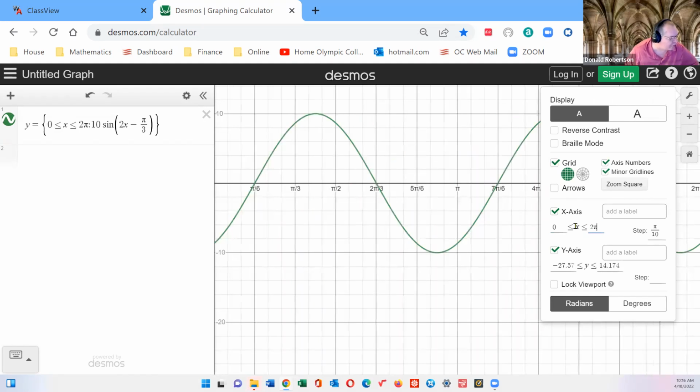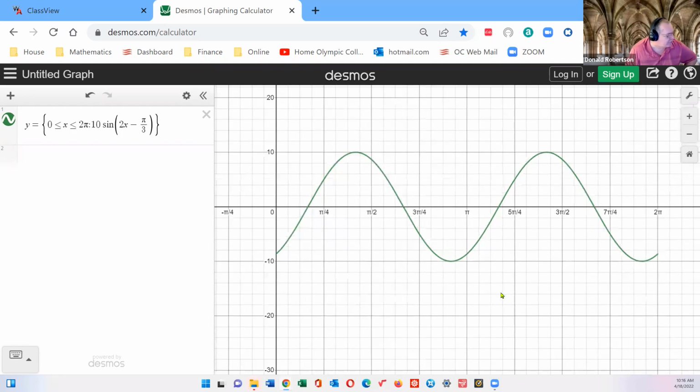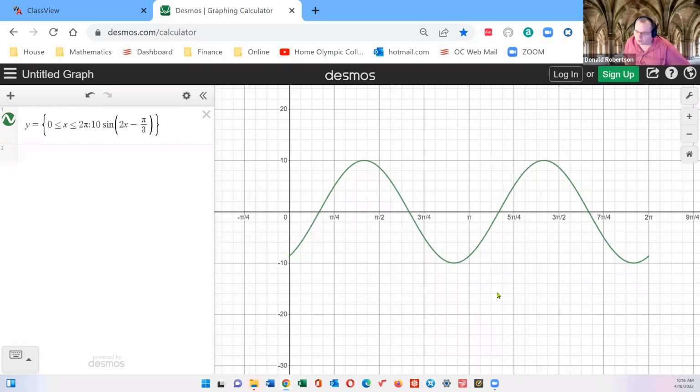And if you noticed that the labels were in multiples of, say, a quarter pi, they make the step the basic little unit that they're using. So if you see them go quarter pi, 2 quarter pi, 3 quarter pi, then put in a quarter pi. And when I click out here, there we go. Can you see, we see the whole thing. And then you go hunting for your 4 pictures, one of which better look like that guy.